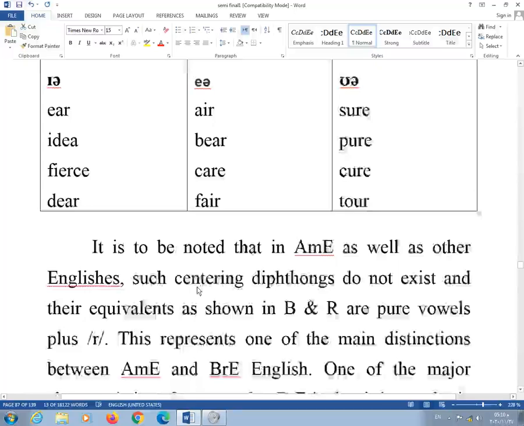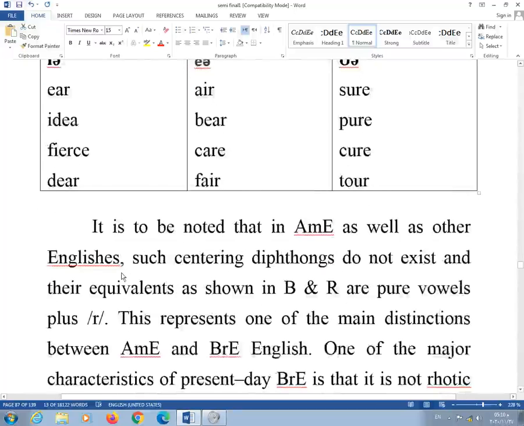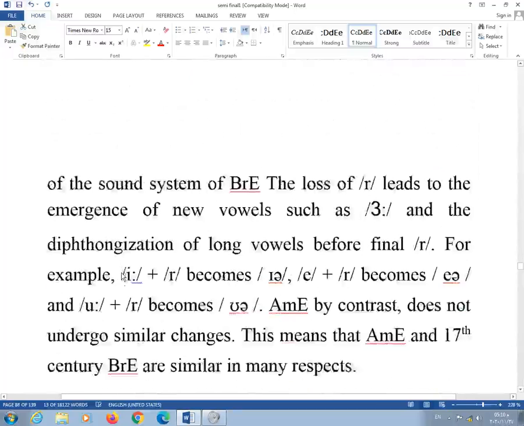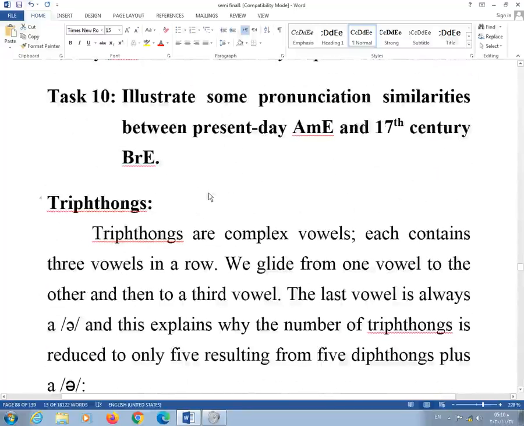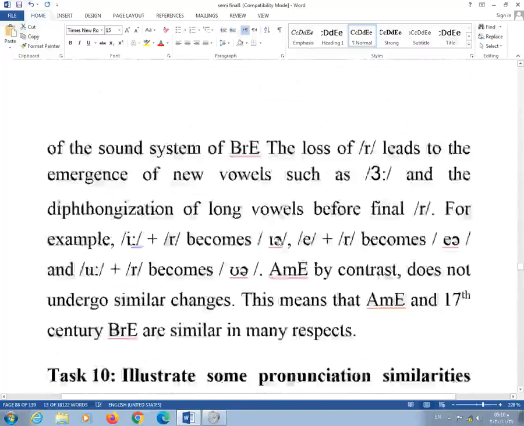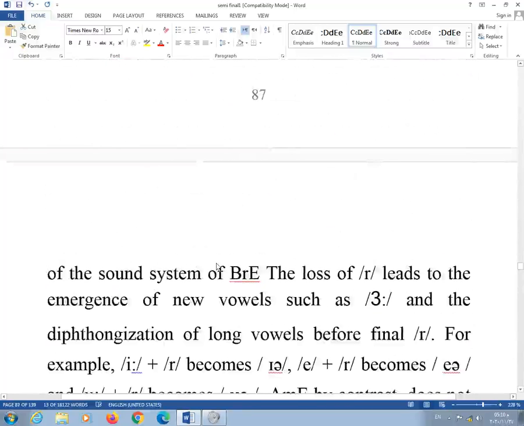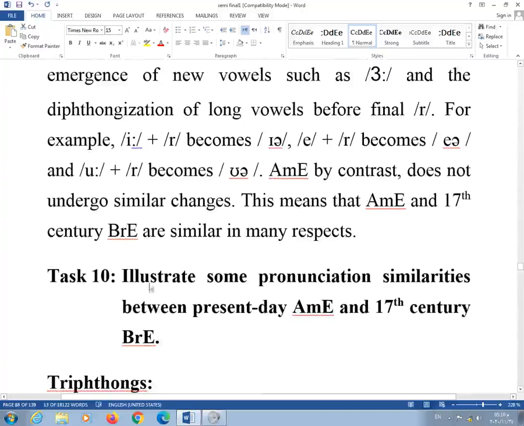I hope that you know how to pronounce these things, and let's go to the historical background, talking about why it's a very important task: illustrate some pronunciation similarities between present day American English and 17th century British English, because they were so similar by the way.